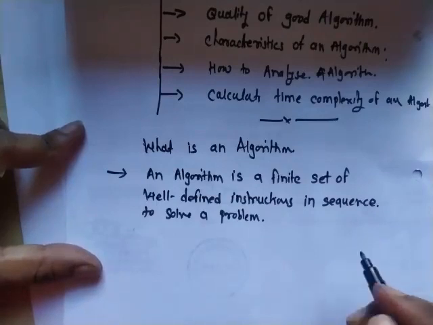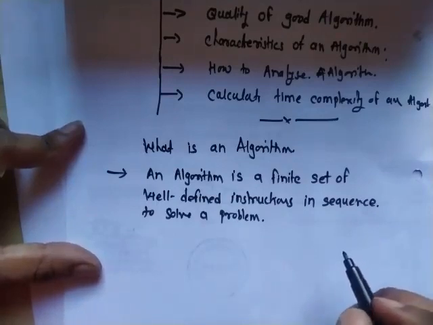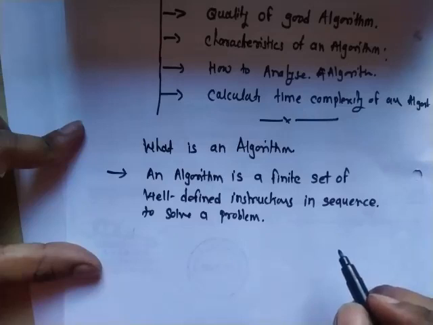So what is an algorithm? An algorithm is a finite set of well-defined instructions in a sequence to solve a problem.